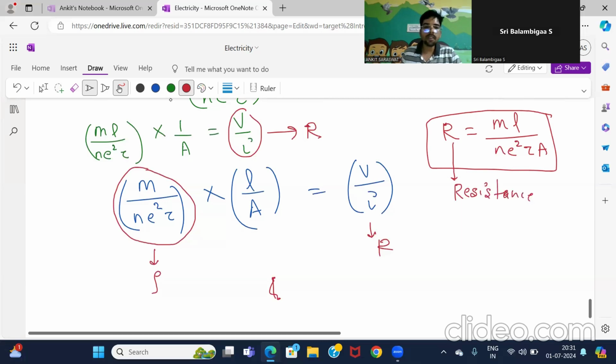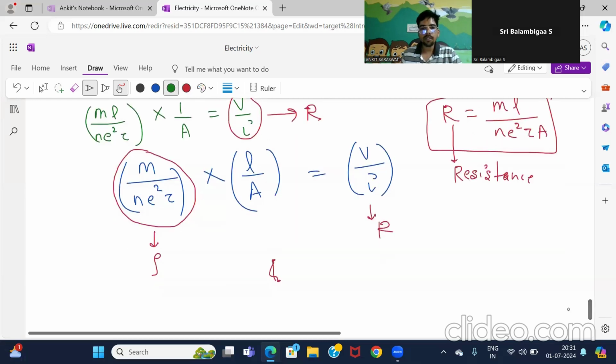Now you just tell me, if temperature and pressure are constant, will N and A be constant? Area of cross section never changes, T is constant, P is constant, length never changes, mass never changes.